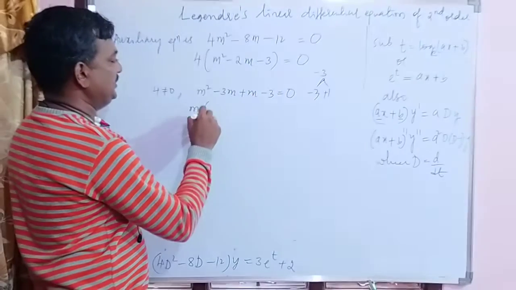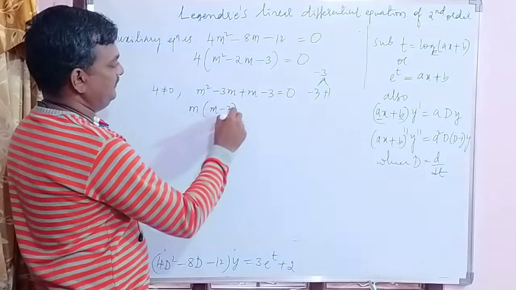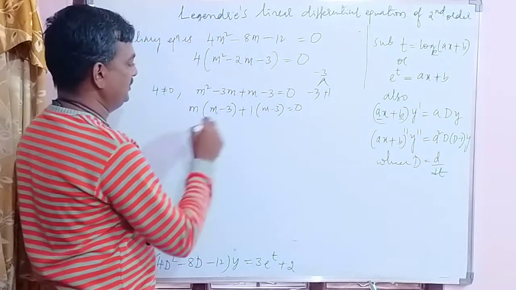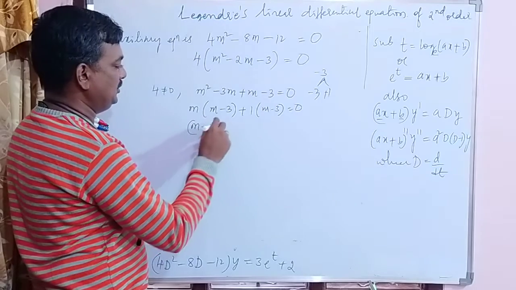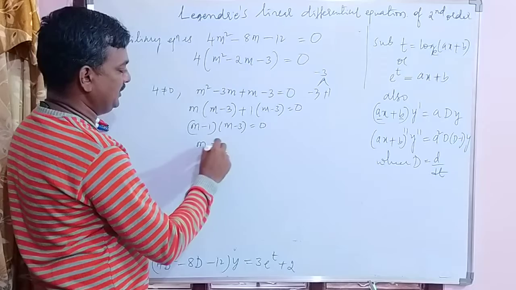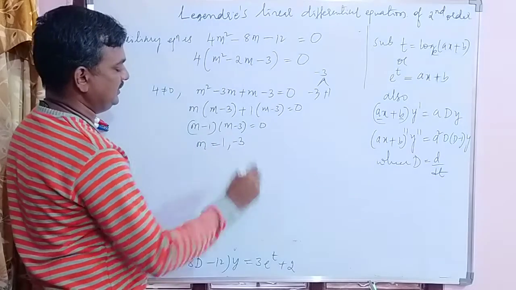So this is m into m minus 3 plus 1 into m minus 3 equal to 0. So m plus 1 into m minus 3 equal to 0. Roots are m is equal to minus 1 and 3.